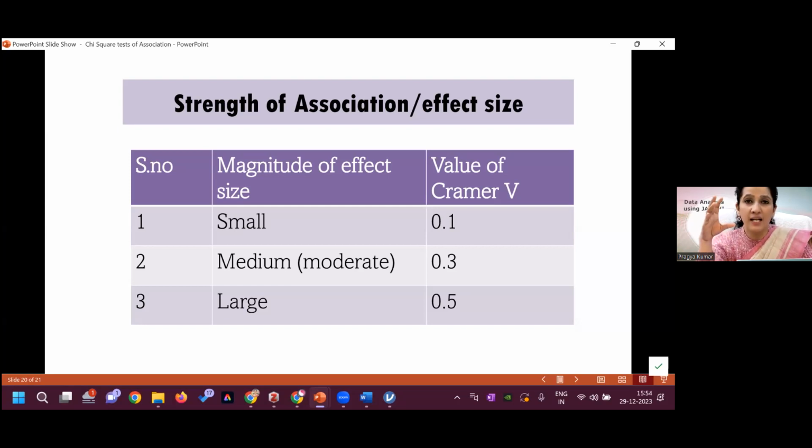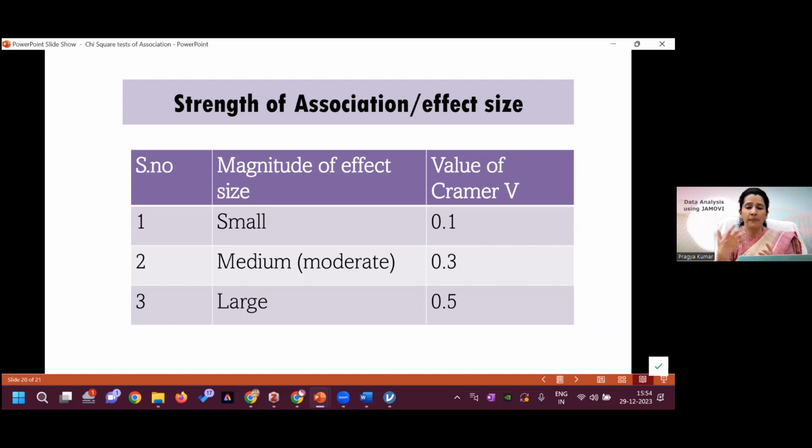This effect size is independent of the sample size, because if you increase the sample size by a very large amount, like if your sample size exceeds 400 or 500, even if there is a very minuscule association, the p-value will be very significant, like 0.0001. So from a biostatistics point of view, you will say yes, this is very much significant.